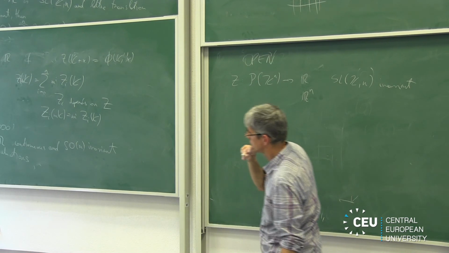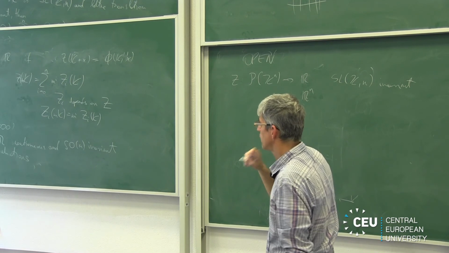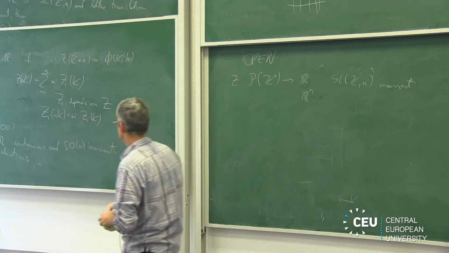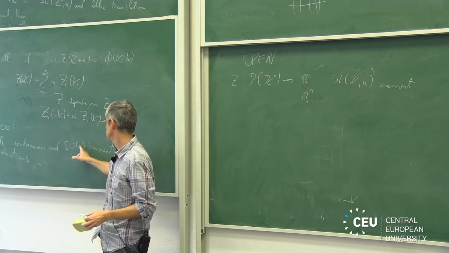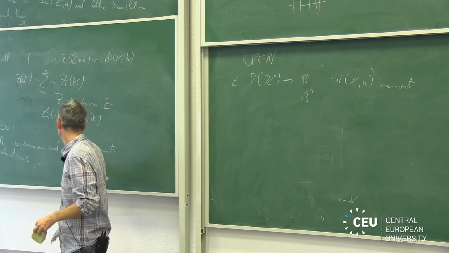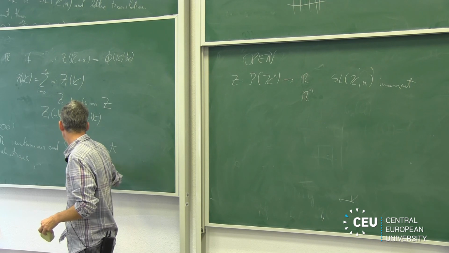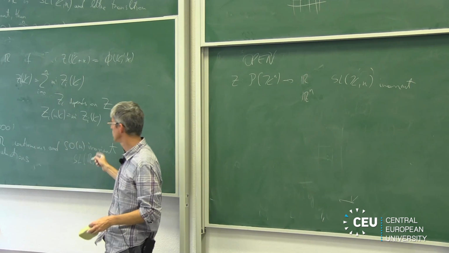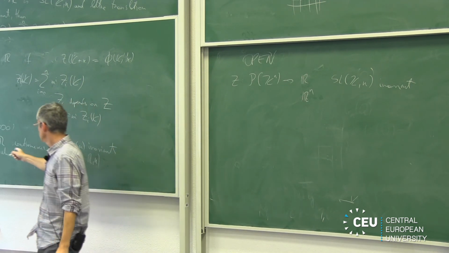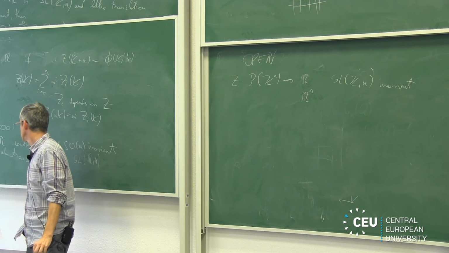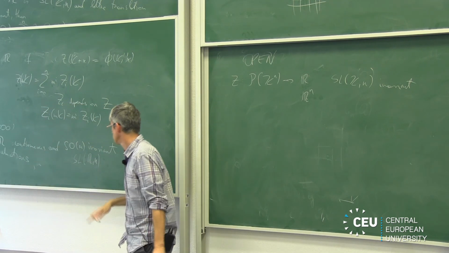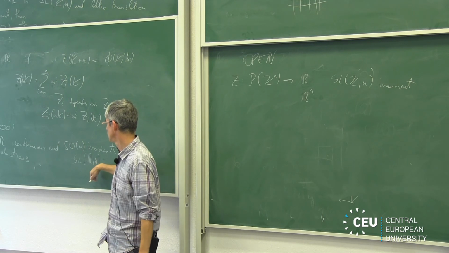And naturally, you can also consider other groups. Instead of SO(n), another natural group is SL(R^n). And maybe you don't consider only R-valued valuations, but also other groups that I didn't have time to speak about.